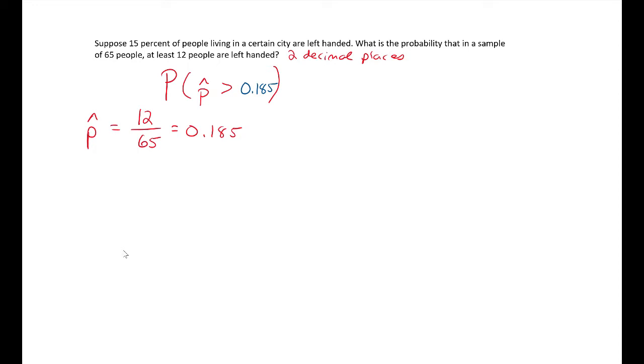Okay, well, what are some other things that we need? Well, we certainly need the population proportion P. This time they give us the P directly. We don't have to calculate it. They told us 15% of people living in that city are left-handed, so our population proportion is 0.15, which indicates that the mean of our sampling distribution is the same thing as P, the population proportion, so it's 0.15.